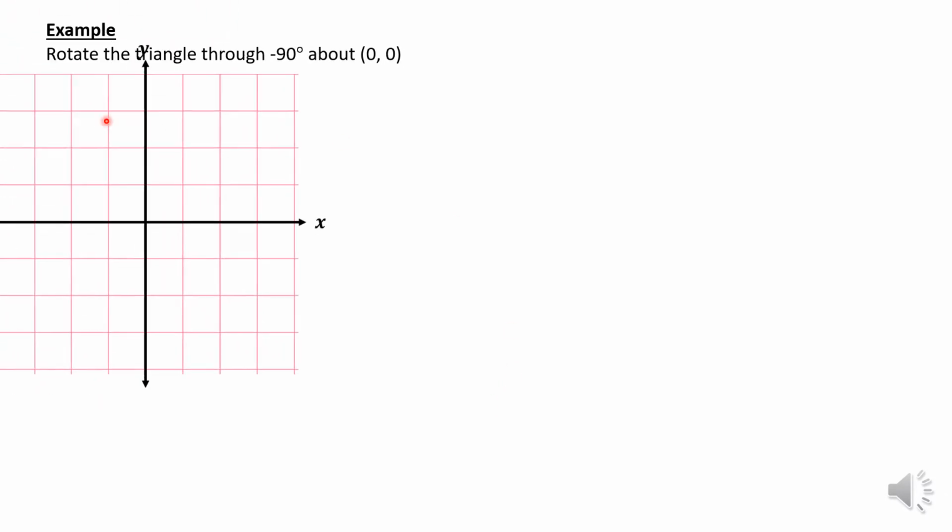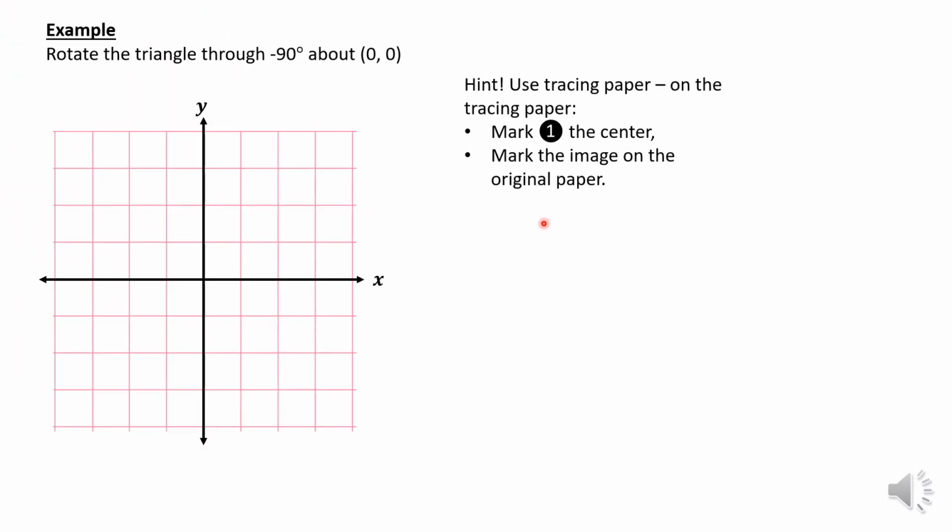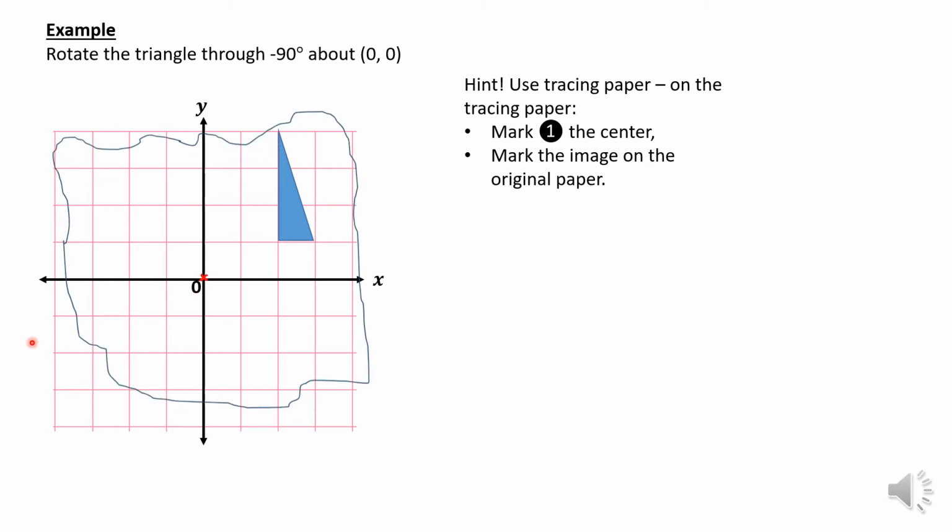They say we are supposed to rotate the triangle through 90 degrees. So we bring in the origin. The triangle is here, and the center of rotation is the origin. So what you do is you take, for example, tracing paper. You mark your center and then you trace your triangle here. Tracing paper means you can see a little bit through it.